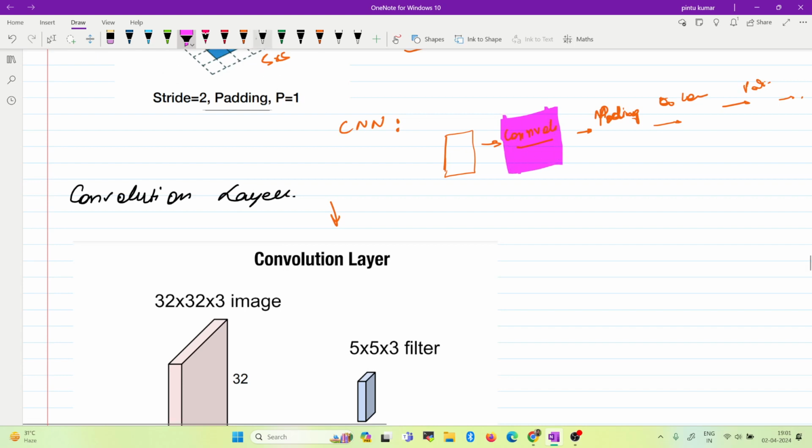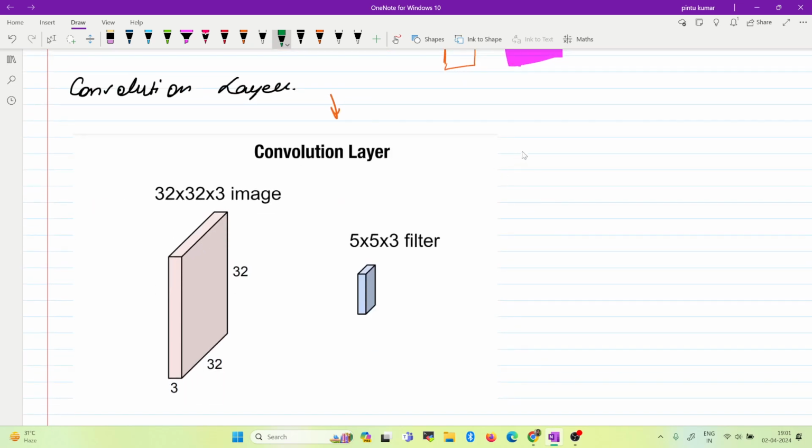Okay. So we talked about two-dimensional filters, right? Whatever we discussed were related to two-dimensional filters. Now when we look at colored images, they are not two-dimensional images, but they are three-dimensional tensors, right? So we will require a three-dimensional filter too.